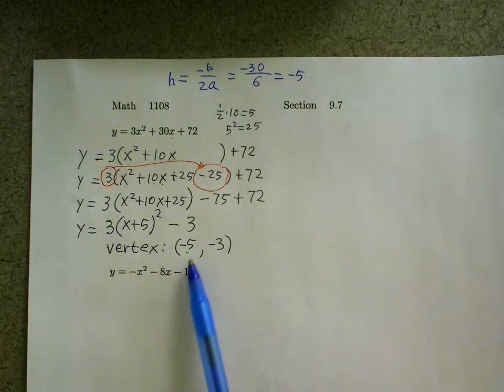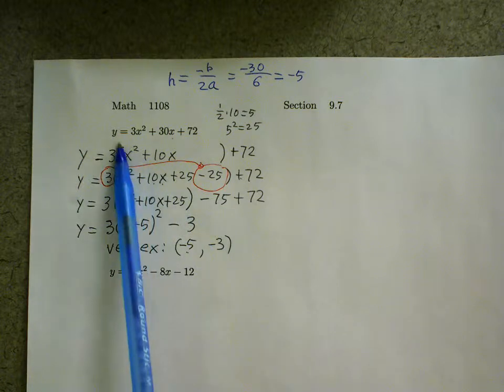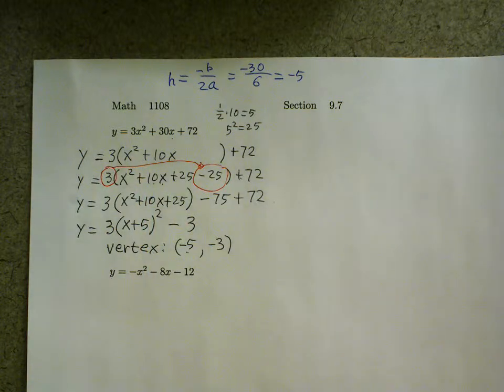Let's see, the vertex is below the x-axis: -5, -3. That's below the x-axis, and the parabola opens upward. So what does that mean? Yes, there are 2 x-intercepts, so we should find those.